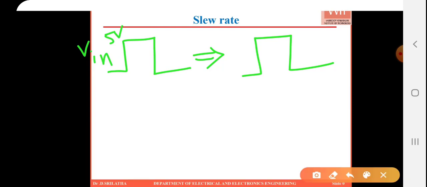At this particular instant the input suddenly rises, but the output doesn't rise suddenly. It slowly rises to a certain period and then remains constant for a particular period, and again you see here the input suddenly drops, but the output does not.